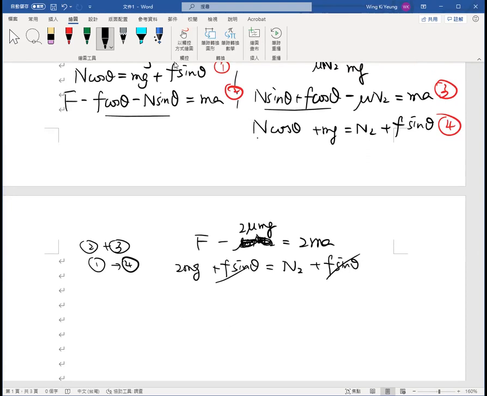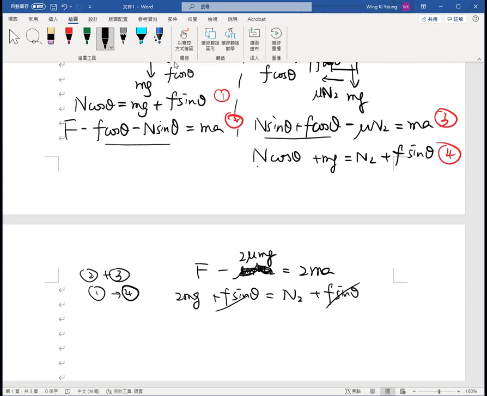So you only have 1 and 2, 3 and 4 left, and 2 and 4, and 3 and 1. But normally you don't need to do it so many times.